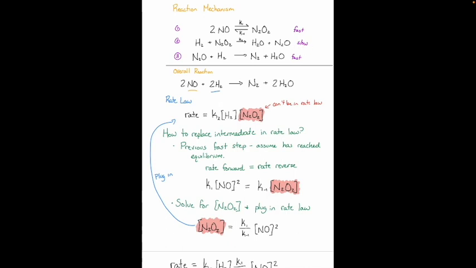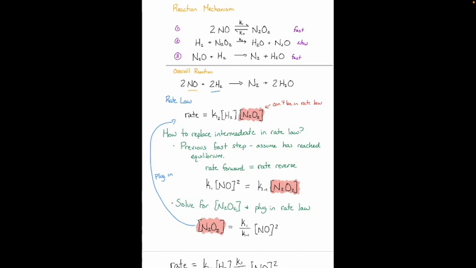Because the second step was a slow step, when we did our rate law, we had this intermediate in our rate law, and rate laws can only be defined in terms of compounds that appear in your overall equation. So how do we get rid of that? We had to go back to the previous fast step and use the assumption that it was able to reach equilibrium because it was so quick, and the second step was really slow.